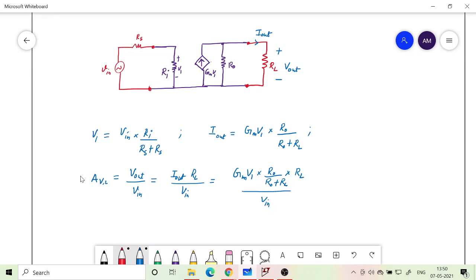Now the V1 expression also I have, so again I substitute, so Gm into Ri by Rs plus, sorry, I have to put Ri here, Ri, V in. V in will cancel off, then Gm into V1 I substituted into R0 by R0 plus RL into RL.